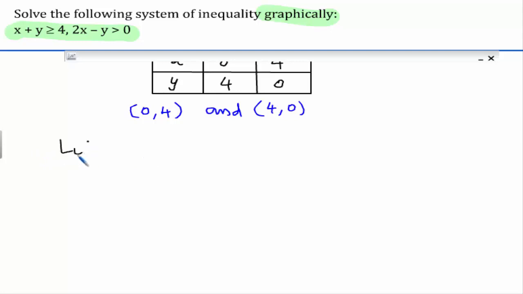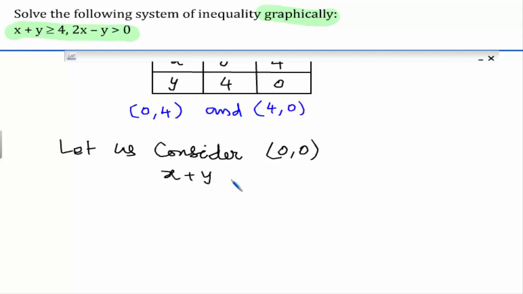So let us consider the origin as a point to substitute into the inequality, which is x plus y greater than or equal to 4. If I substitute origin into this, 0 plus 0 greater than or equal to 4, this is 0 greater than or equal to 4, which is a false statement.